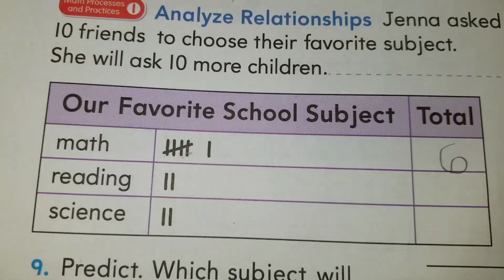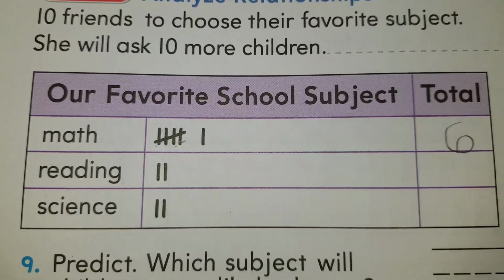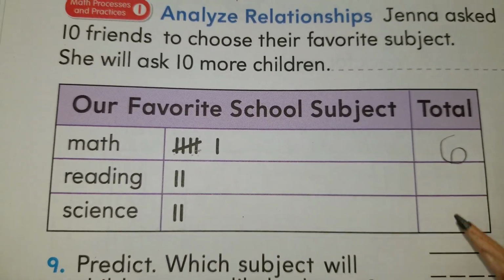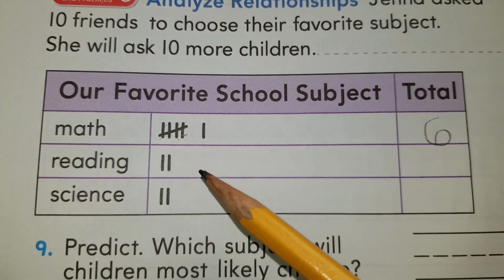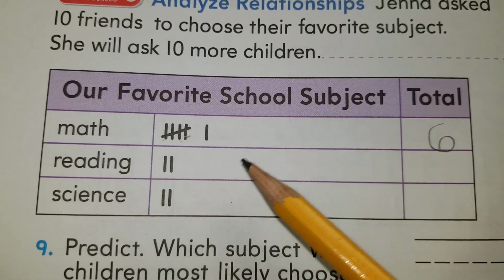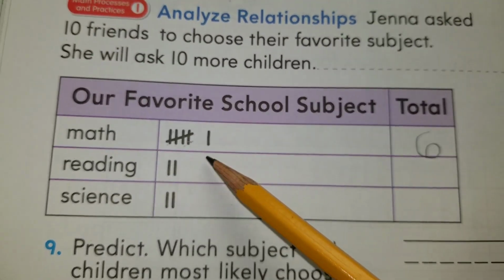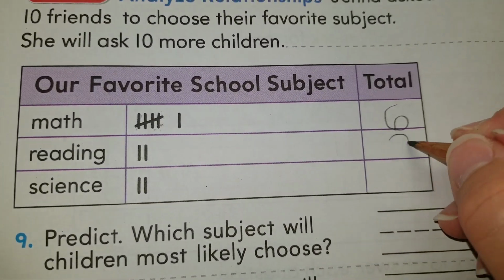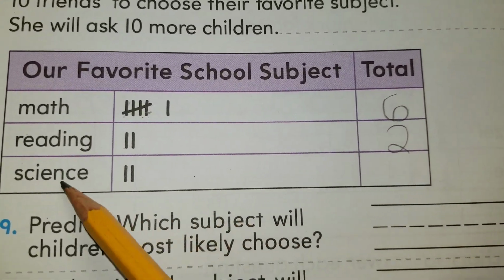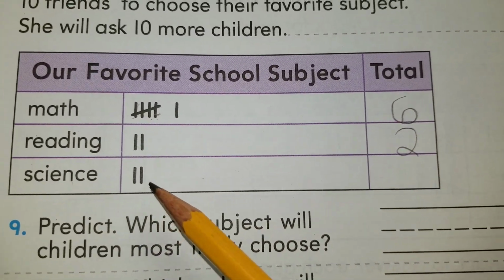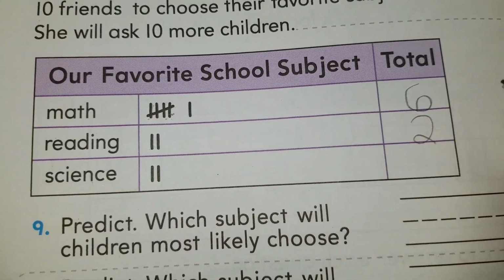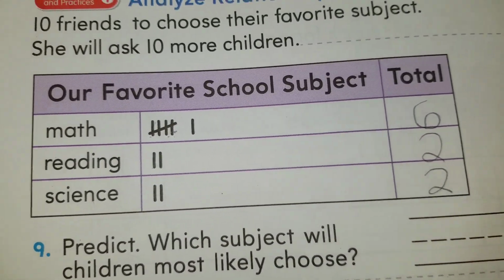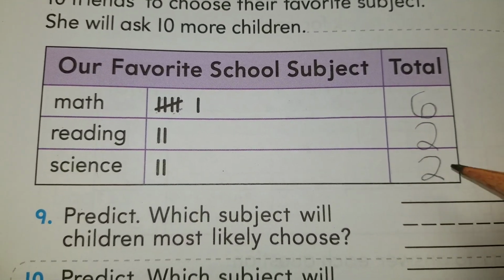Now you have a total of 6. 6 children said, hey, my favorite subject is math. And reading. Let's go for reading. How many children said their favorite subject was reading? We have 1 and 2. And then for the last one, science. How many kids said their favorite subject was science? Only 2. So these are our totals right now.